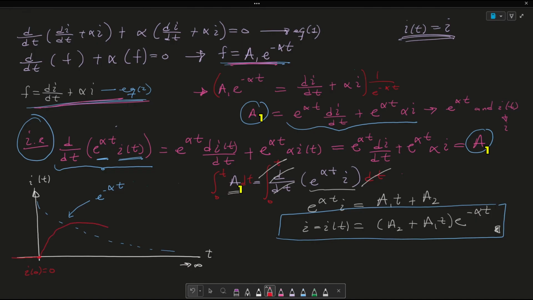What's going to happen? It's going to shoot up and then start to decay. For this case, we say that there's little to no oscillation, and we also say that my energy dissipates as fast as possible to the resistor.